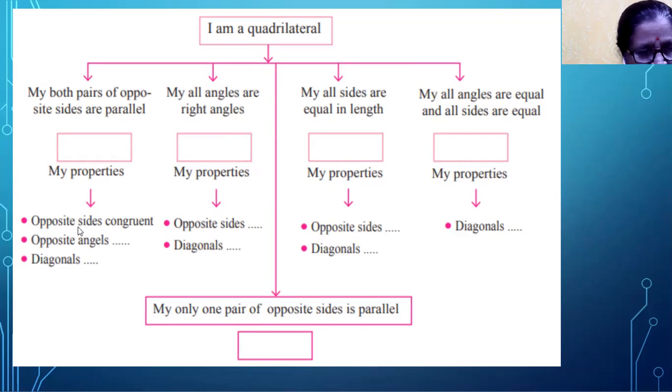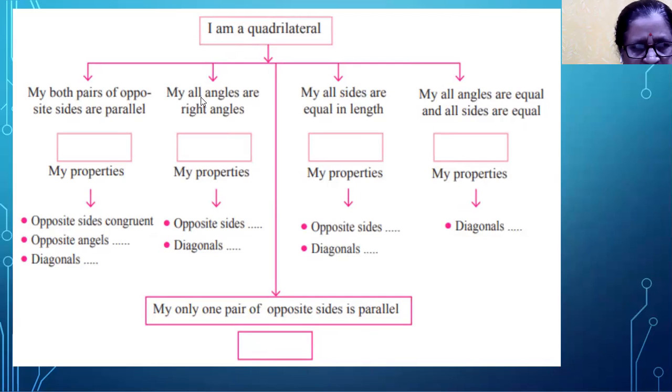Then opposite sides are congruent, opposite angles will be congruent, and diagonals bisect each other. Here you have to write: opposite angles are congruent and diagonals bisect each other.